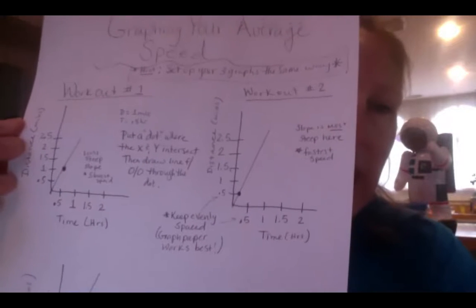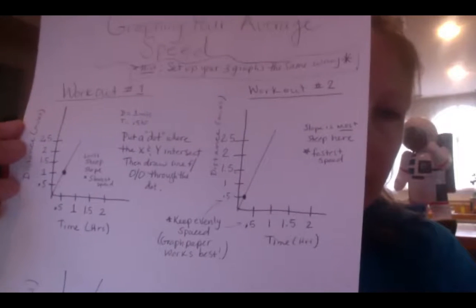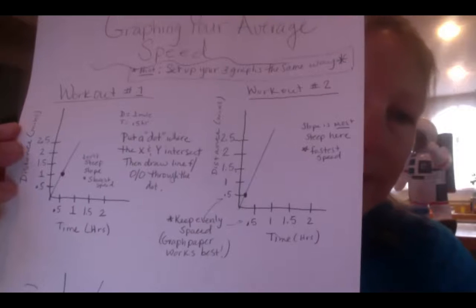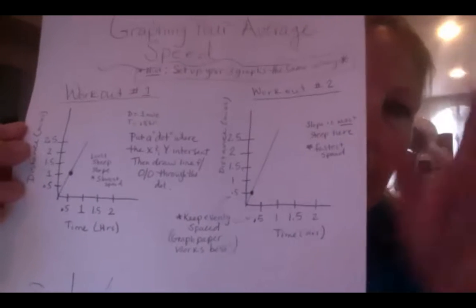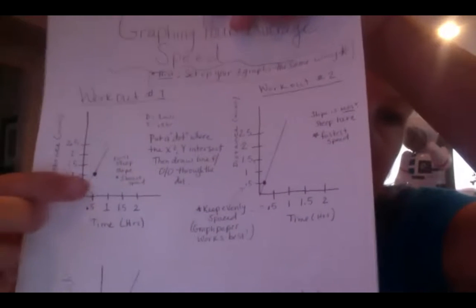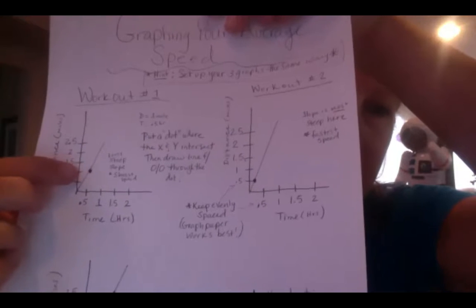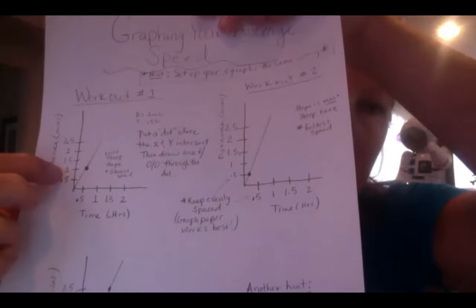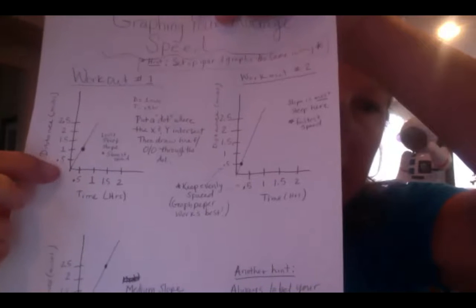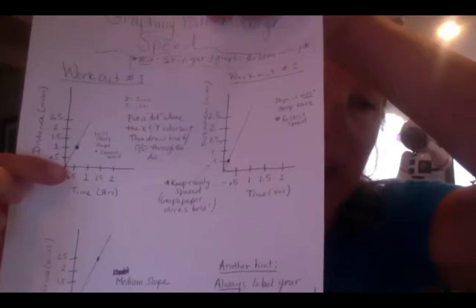So these are distance versus time graphs. And once you have your numbers in, you are going to just place a dot. That's right, it's a mirror. Okay, so this dot right here is my distance. I went 1 mile that first day, and I did it in a half of an hour, 30 minutes.